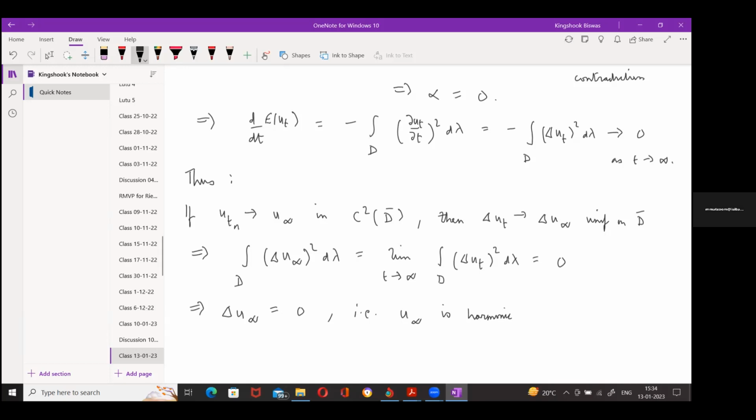If I take a sequence u_{t_n} which converges to u infinity, then the Laplacian of u_{t_n} goes to the Laplacian of u infinity, and so this becomes the limit as n tends to infinity, and this is 0. So any limit in C2 norm of a sequence taken along a solution of the heat equation has to be a harmonic function, right?